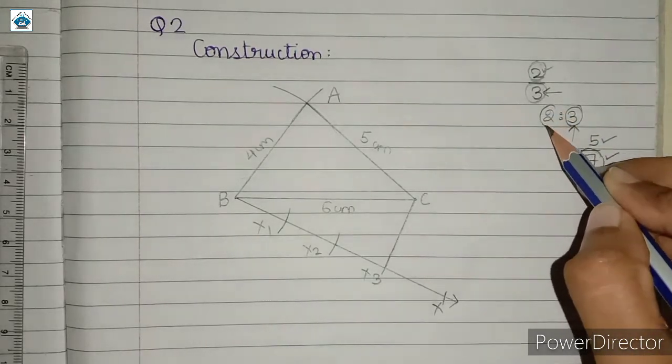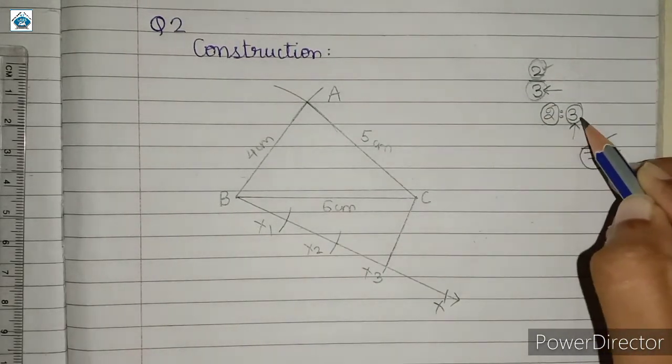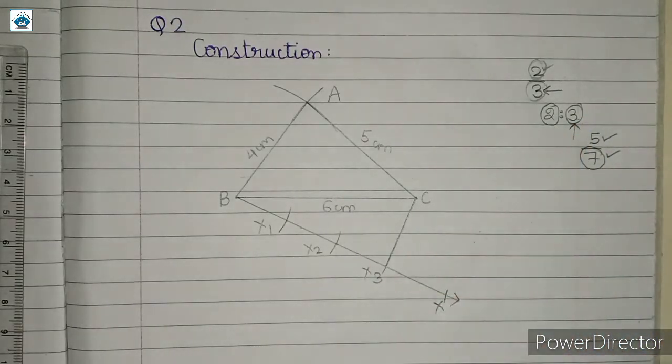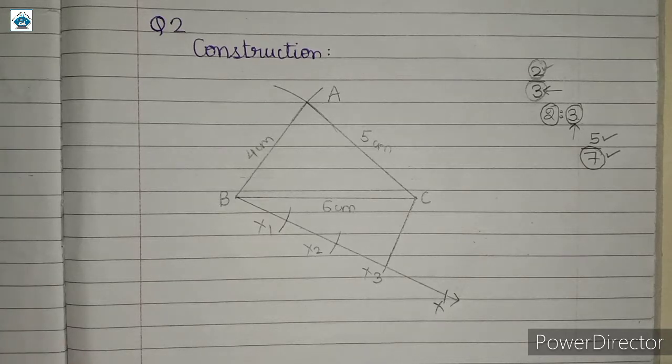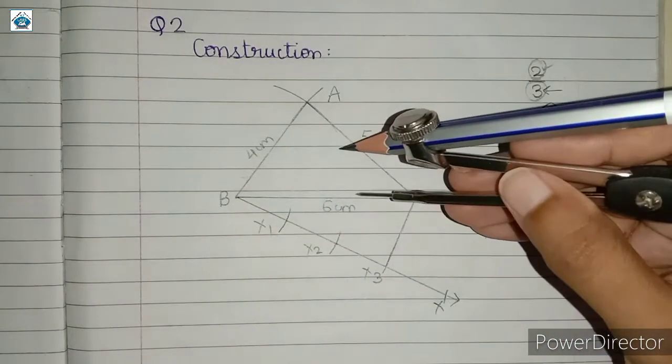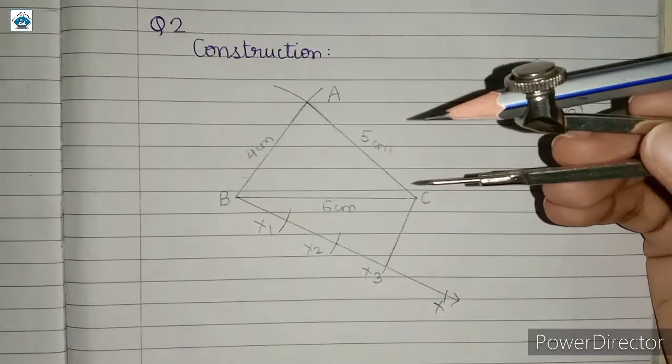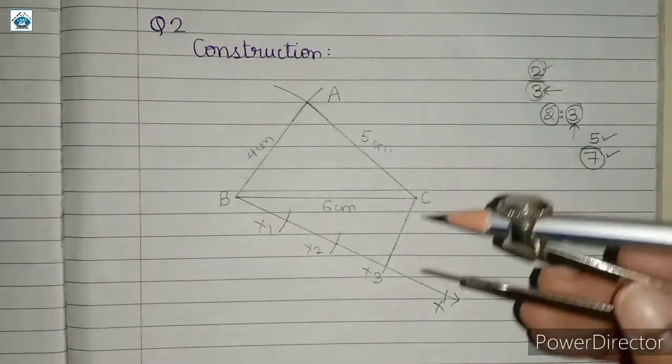Because we have 2:3. So 3 equal divisions, and how many divisions do we require? 2 divisions, right? So we are going to draw a line that is parallel to CX3 and it passes through X2 and intersects BC at a point, and we are going to name it C dash. So first, let us construct the parallel lines.